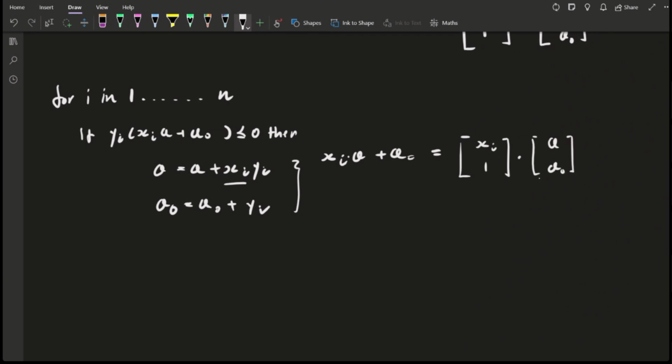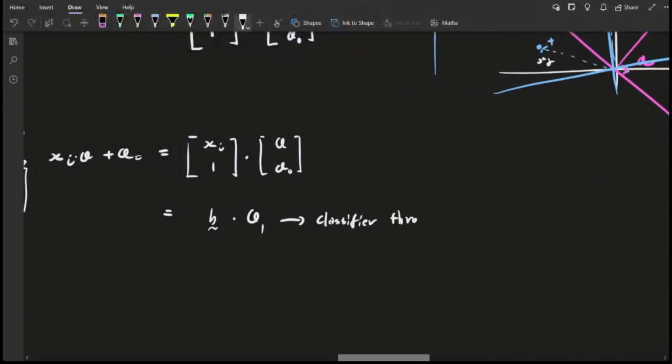So this is equivalent to this, which again simplifies back to some vector, let's call it b, dot some weight vector. This is equivalent to a classifier through the origin, right?